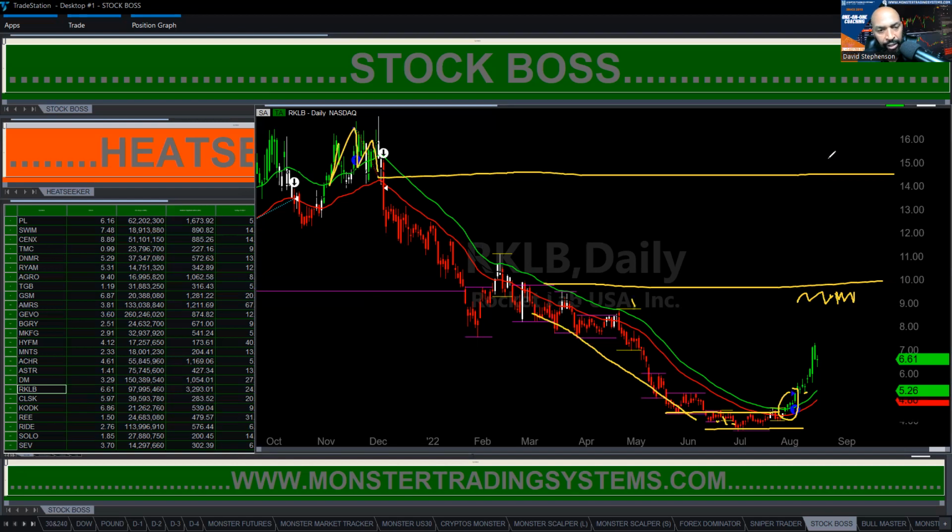So $5, pretty good target to get to $15. After $15, we might get a bit of concern, or a sell signal to get out. You guys see that?